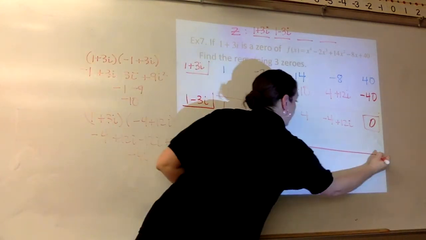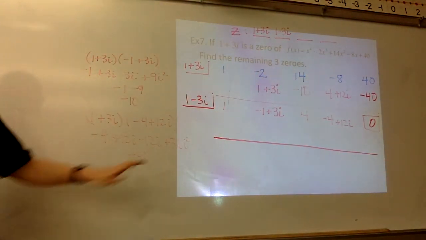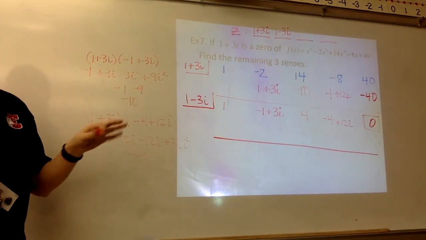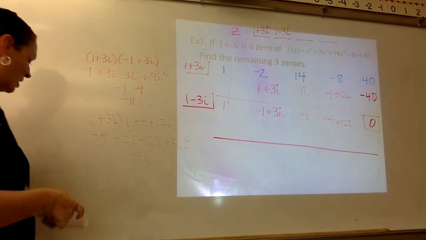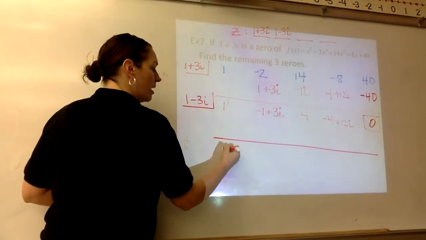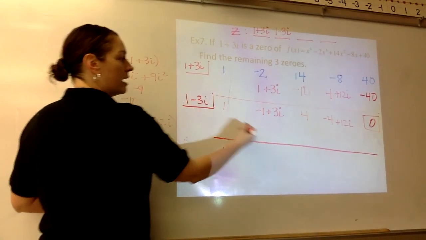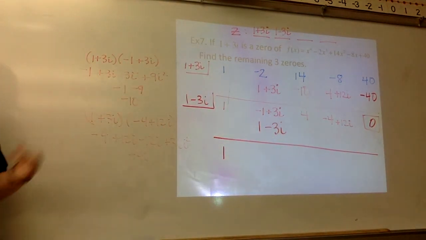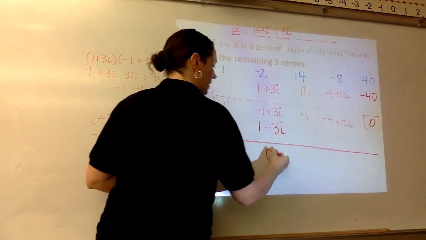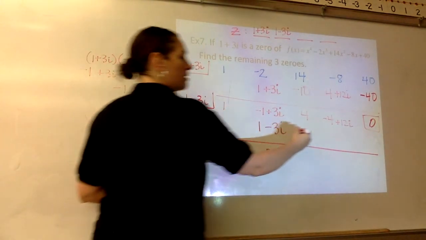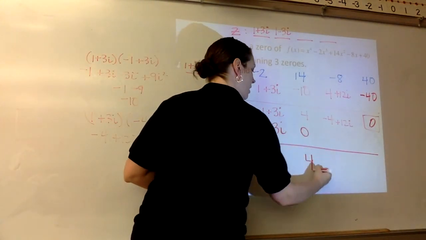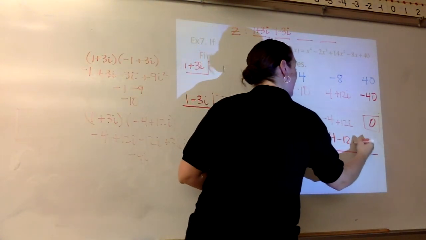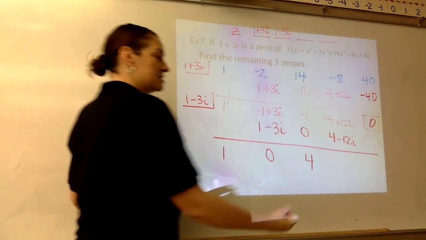But you're going to see, because I've reduced all these numbers and provided myself with some complex numbers in the problem, it isn't as much work as what we've already done. So if I come in here now, I bring down the 1, multiply 1 minus 3i. What do you see starting to happen? Everything, this is going to cancel to 0. Keep going. This is a 0. Bring down the 4. Multiply here, I get what? 4 minus 12i. Do you see how easy that second part is? Comes out to 0 here.